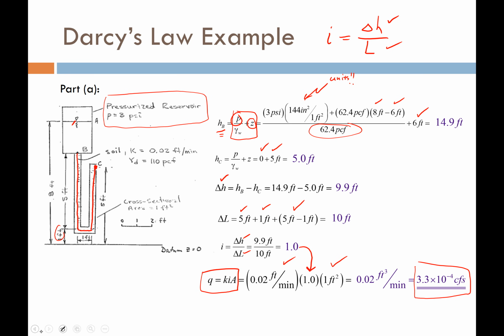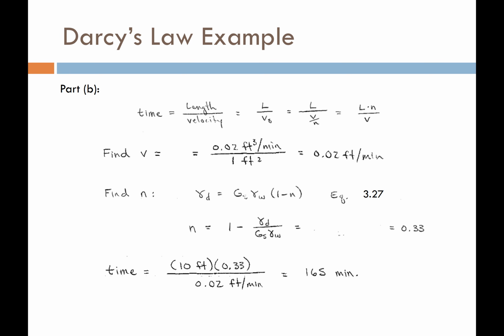Okay, part B, we have to get the time for the flow. So as we mentioned, time is going to be equal to length divided by some velocity. In this case, it's going to be the seepage velocity, because we're interested in the velocity of the water as it travels through the soil pore space. So we have to relate seepage velocity to something that we can compute.